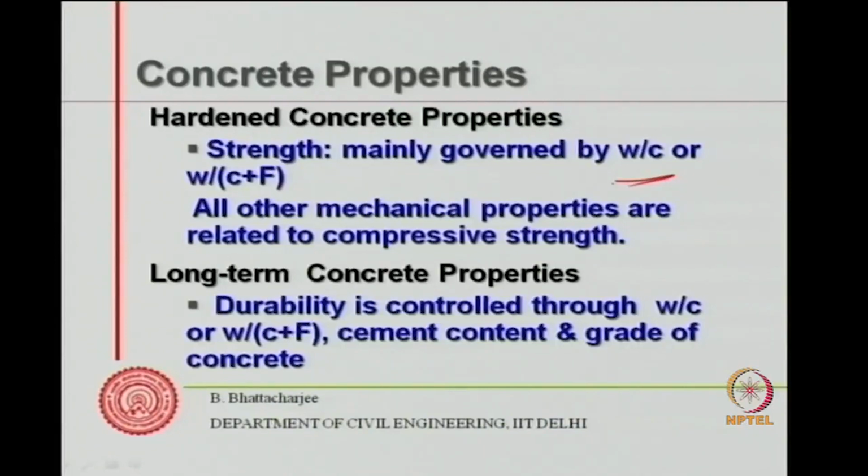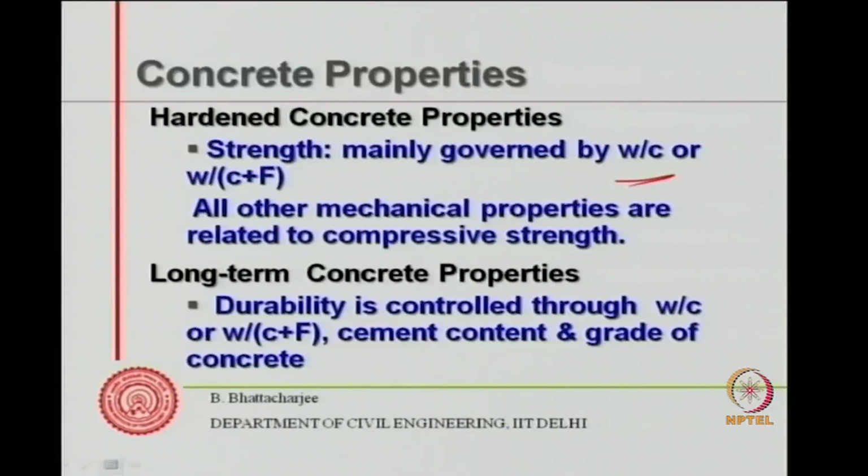But at the moment we understand it is the water cement ratio which governs the strength of concrete, and if you are adding some other supplementary cementitious material like fly ash or silica fume, the ratio of water to cement plus those would govern the strength.